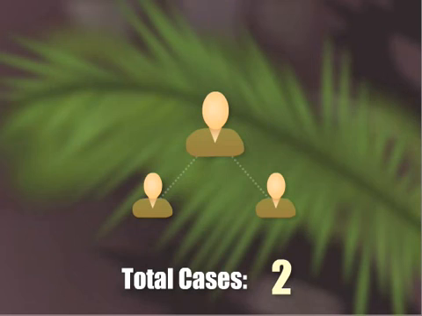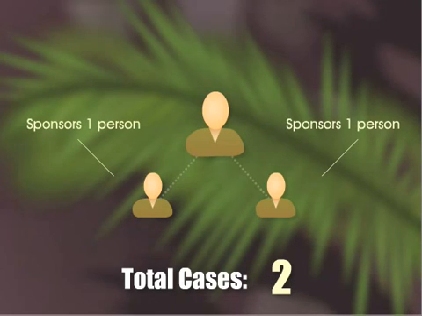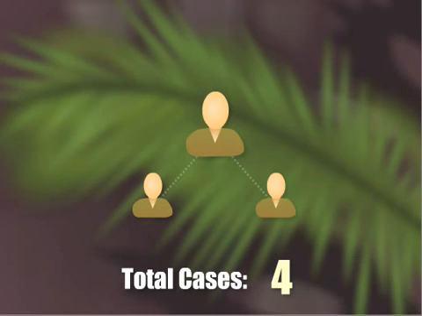Now let's say the following week, each of those 2 people bring in only one person. Again, only on one case each. And that's not hard for them to do. Between their family members, friends, co-workers, you know they're going to share this product with somebody and get at least one person on board. That means that your sales team has now grown to 4 people, which is 4 cases.